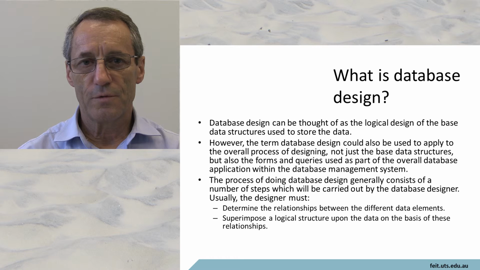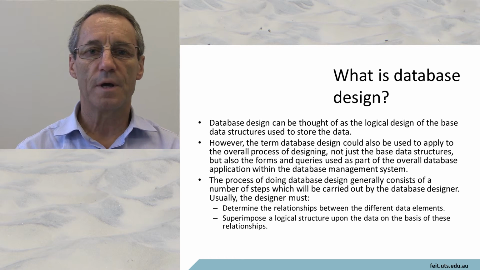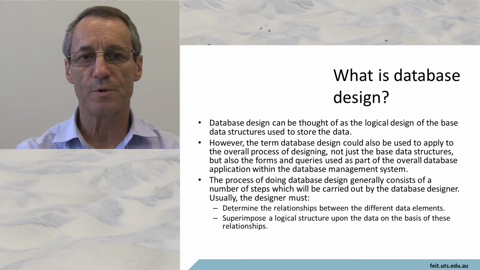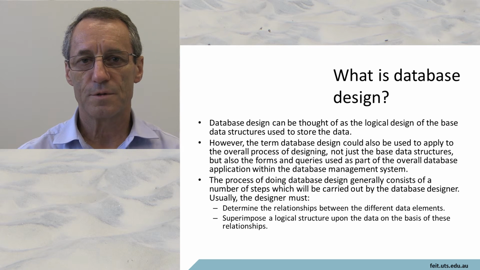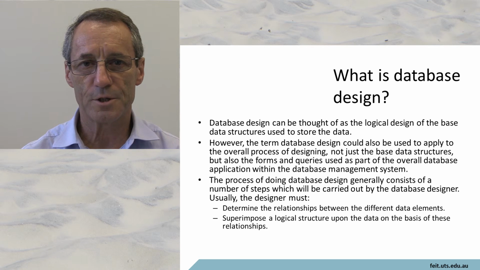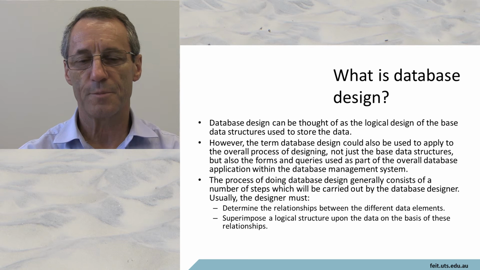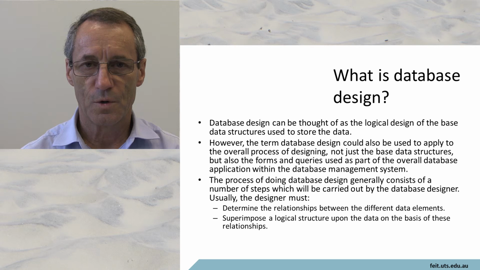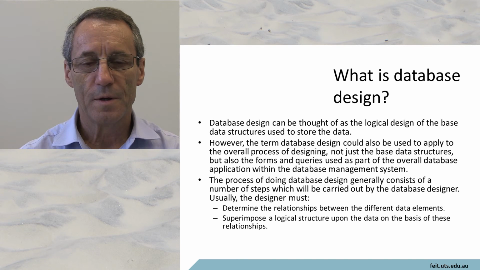In terms of designing the database, there seems to be a fairly standard model for doing it, and that is to determine all of the data that you need, to set that out into some logical groupings of the information, to determine the repeating groups within that information, to separate them out, and then to get it into what's called the third normal form.